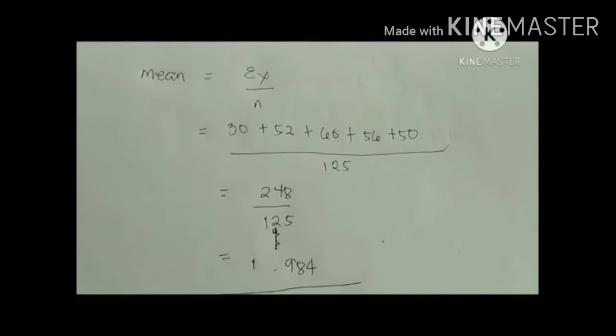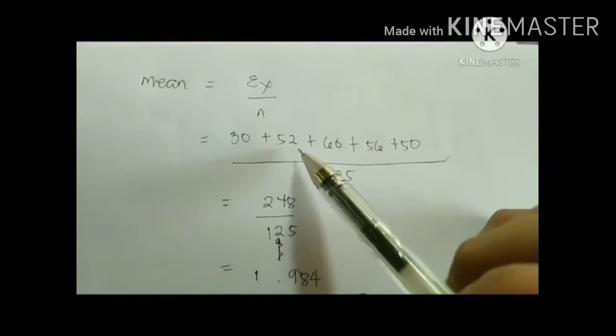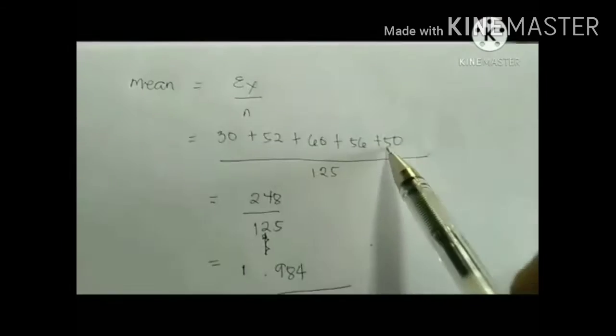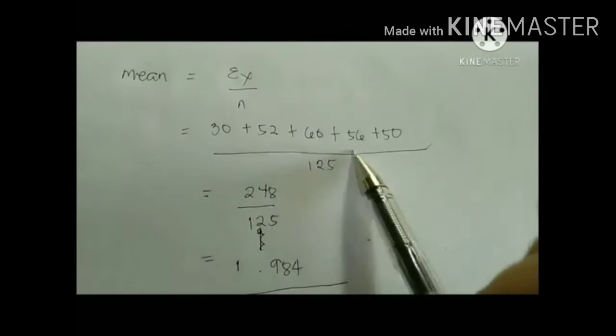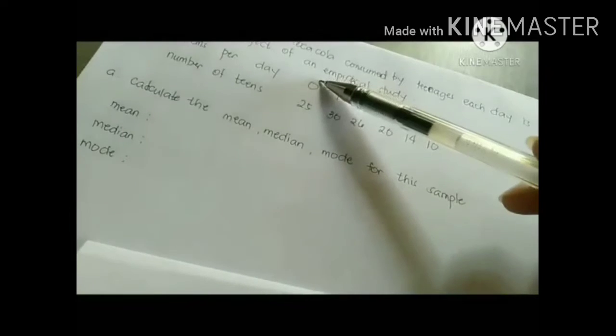For the mean, we have here 30 plus 52 plus 60 plus 56 plus 50. So where did we get this number? We get it from this sample. We have 25 multiplied by 0, so that's 0.